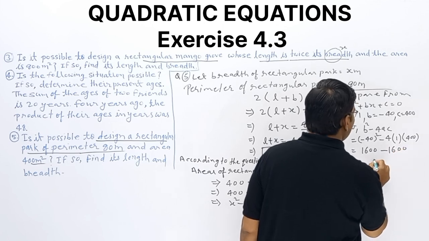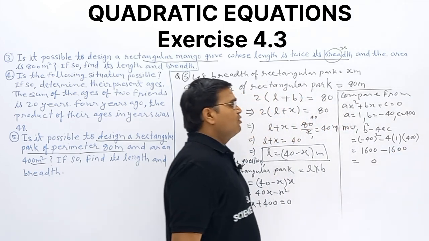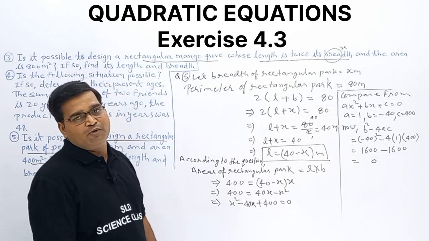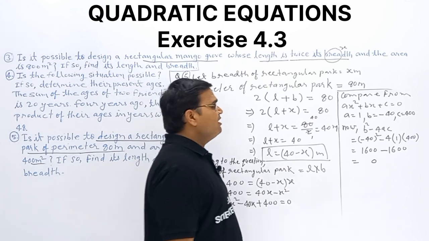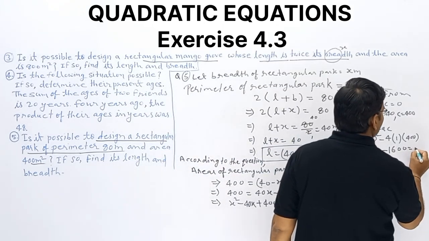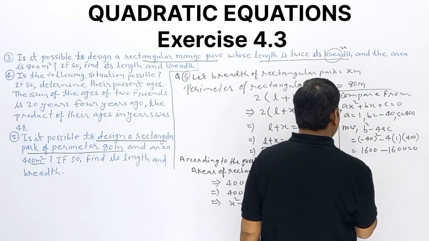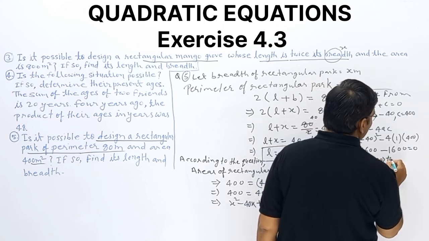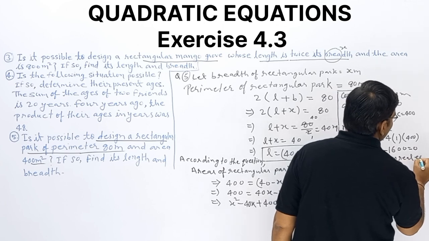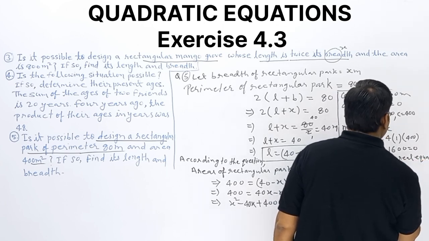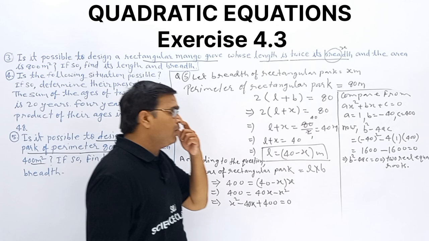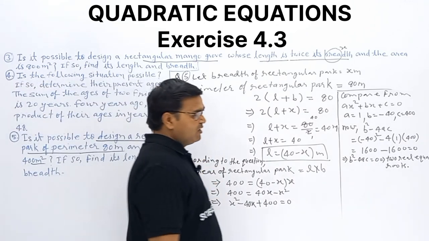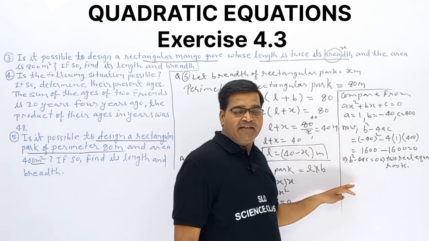It means this one is 0. So b square minus 4ac equal to 0 implies two real equal roots exist. Clear? So we will use the formula. This is the nature of the roots we find.